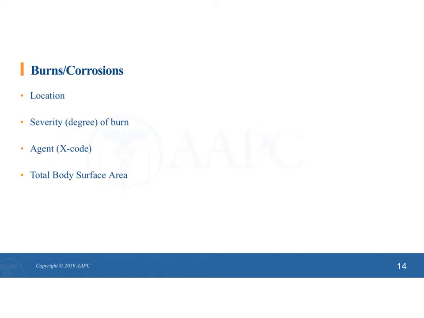TBSA, which is total body surface area. The total body surface area affected by the burn. According to the guidelines, a code from category T31 should be used to record burn mortality, such as in burn units, or when there is a mention of a third-degree burn involving 20% or more of the body's surface area.